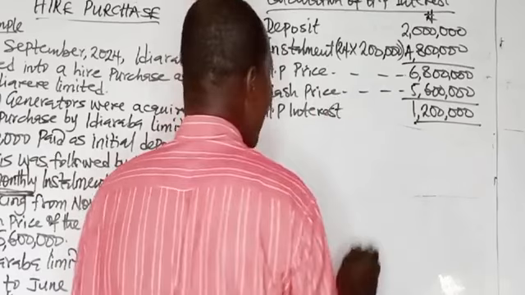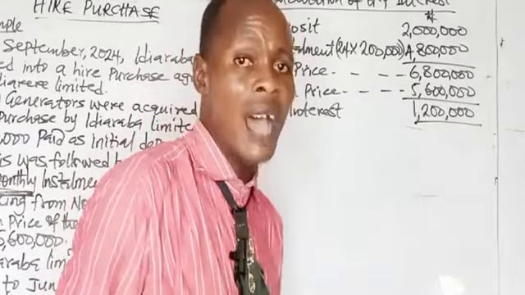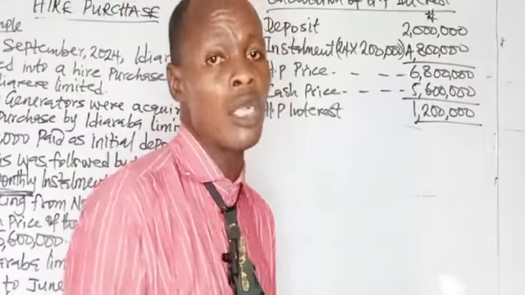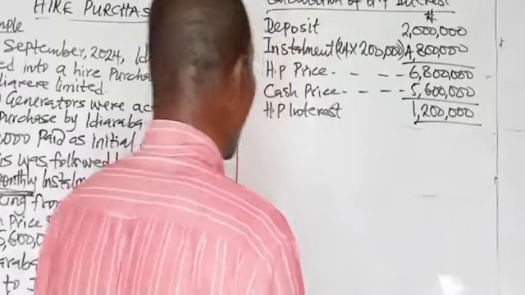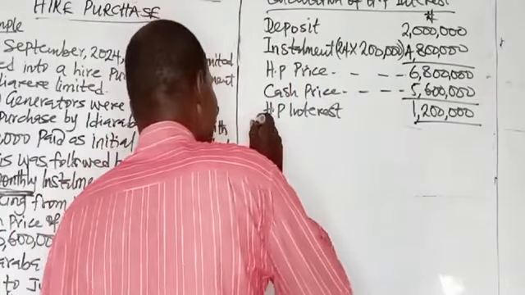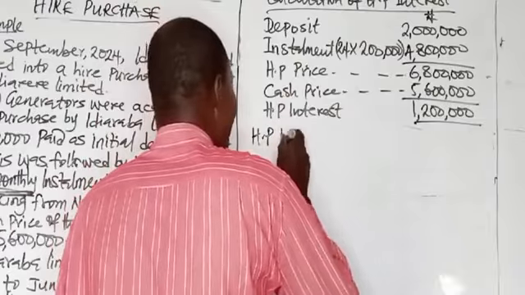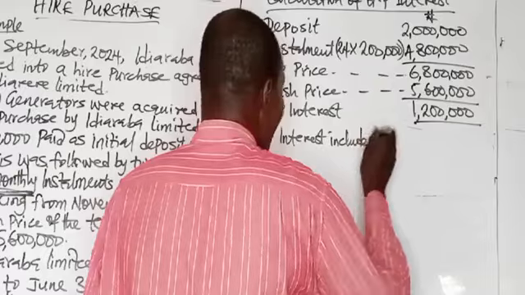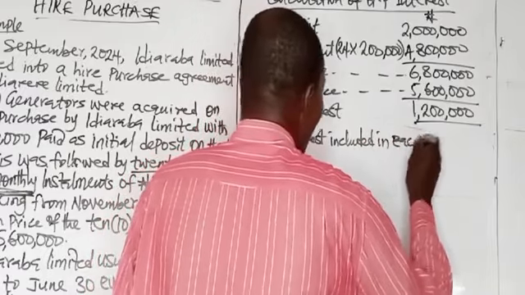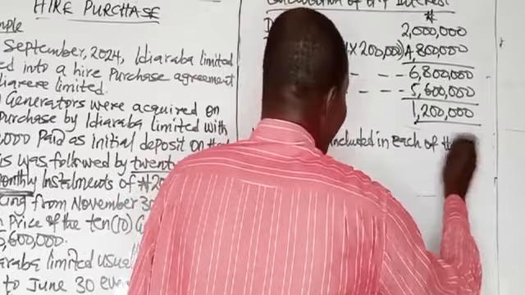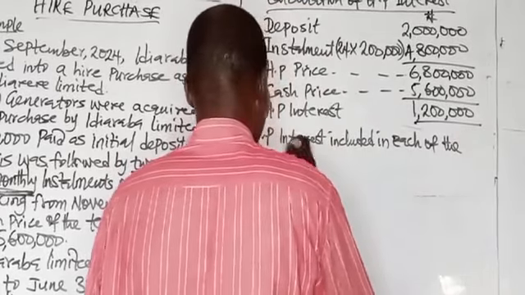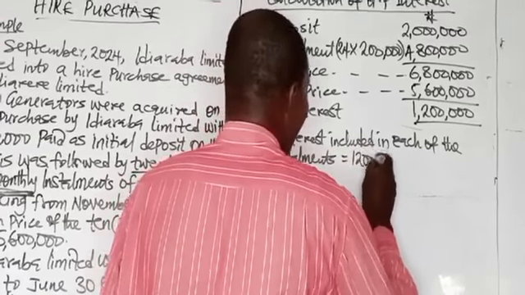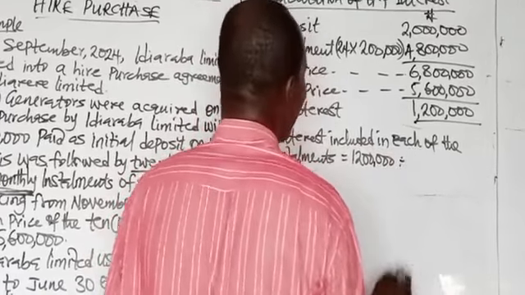I've told you where the examiner is silent as to the method of spreading the higher purchase interest, the straight line method is preferable. So, to use straight line method now, higher purchase interest included in each of the installments will be 1.2 million naira divided by the number of installments.